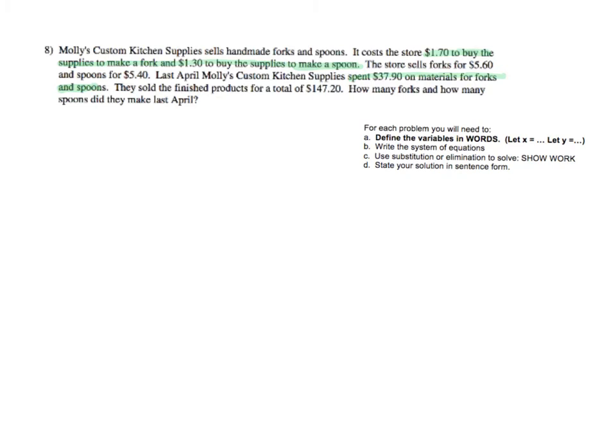Then the second relationship would be how much they sell it for, which is $5.60 for forks and $5.40 for spoons, to sell the finished products and make a total of $147.20. So when I define my variables for part A, I have F equals the number of forks and S equals the number of spoons.